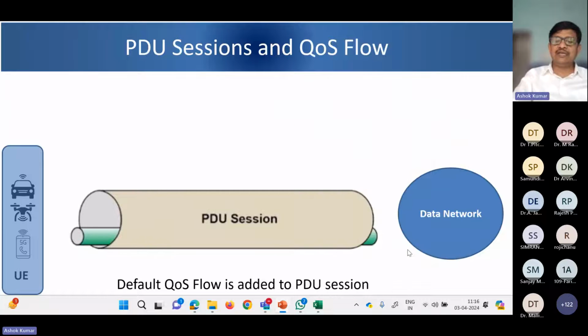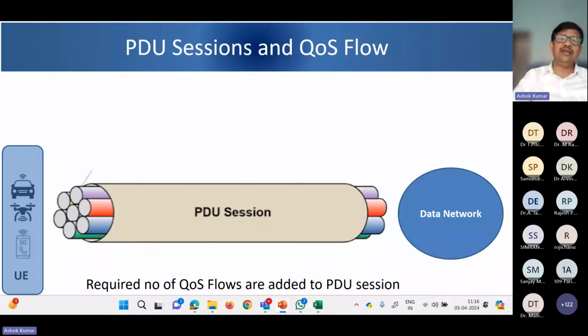So a PDU session may have multiple QoS flows in addition to the default QoS flow. The required number of QoS flows will be added onto that PDU session, and each of these QoS flows will be identified by its QFI, the quality of service flow ID.